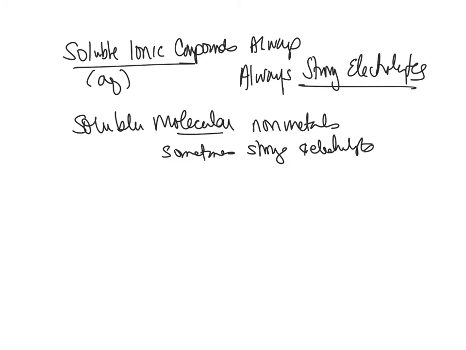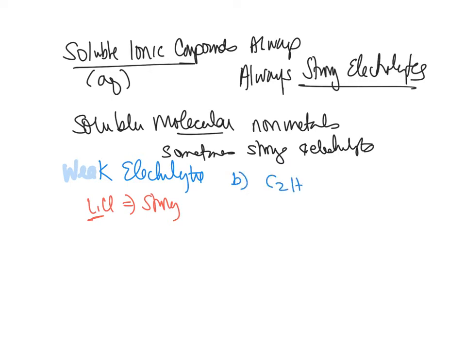Which of the following compounds is a weak electrolyte? All right, so let's look for a weak electrolyte. And remember, weak electrolytes are your weak acids and your weak bases. Well, lithium chloride, that would be a strong, because there's your metal. Weak electrolyte would be B, which is a weak base. You see it has a nitrogen and carbon, so that's a weak base, so that would be it.